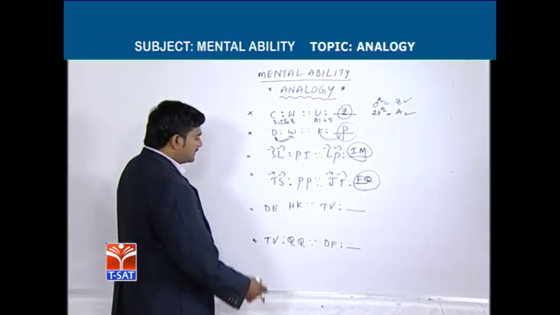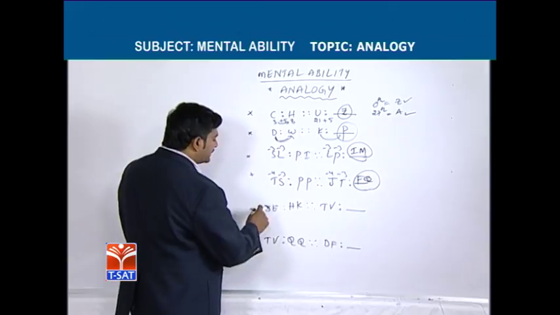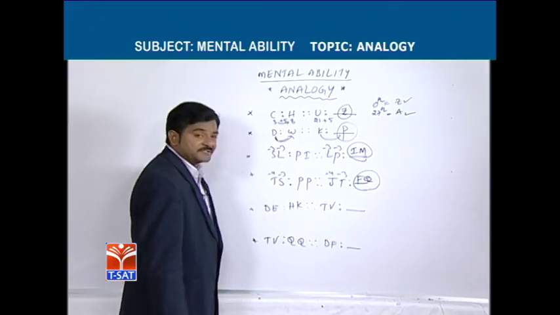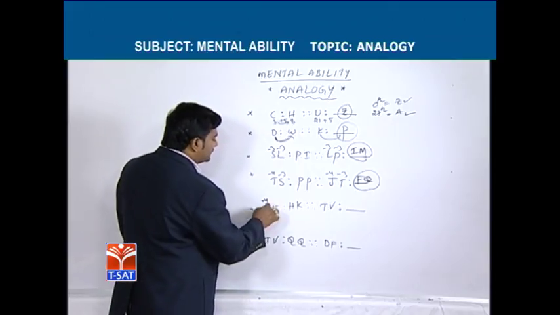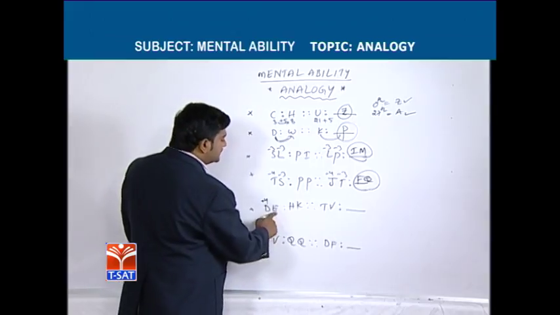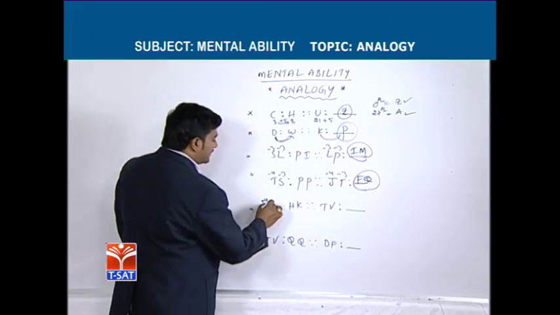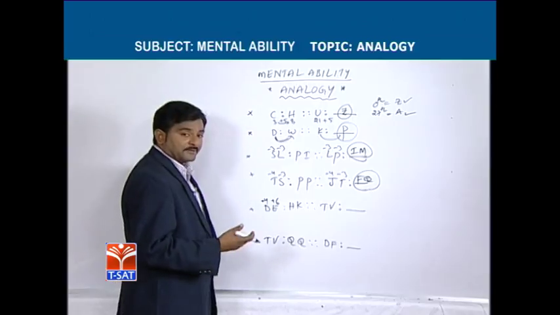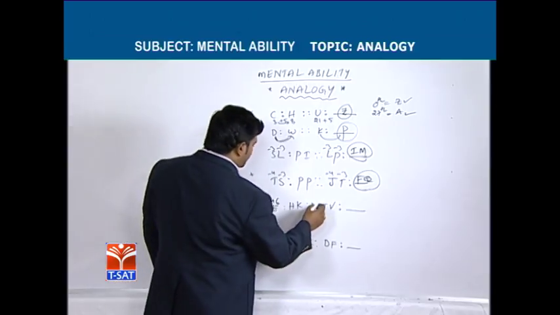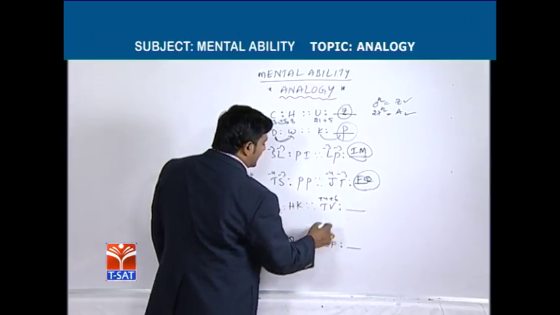Now focus on this, DH is to EK. D means 4, H means 8, so simply plus 4. E means 5, K means 11, simply plus 6. Same concept, adding plus 4, adding plus 6.